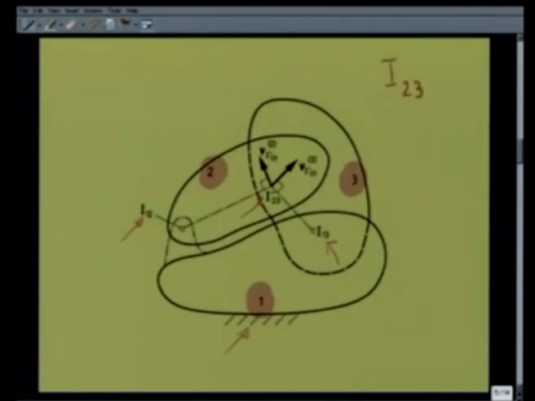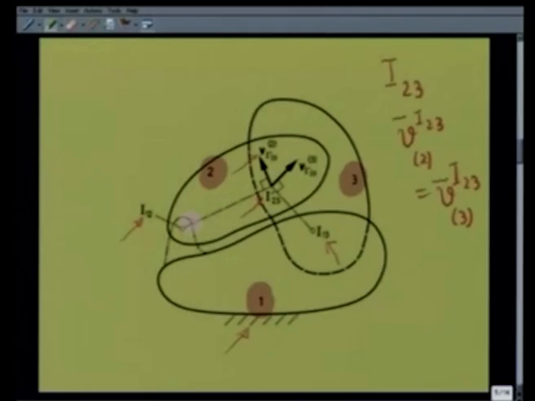If I consider it to be a point on body 2, it must have the same velocity if I consider it to be a point on body 3. That is the definition of I23. But suppose it lies here, then this velocity vector of I23, if I consider it to be a point on body 2, must be in this direction, that is perpendicular to the line joining I12 and I23.